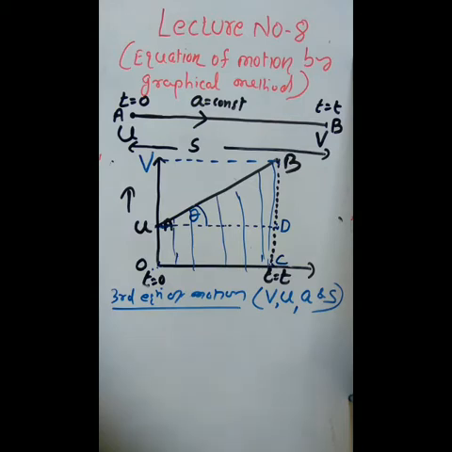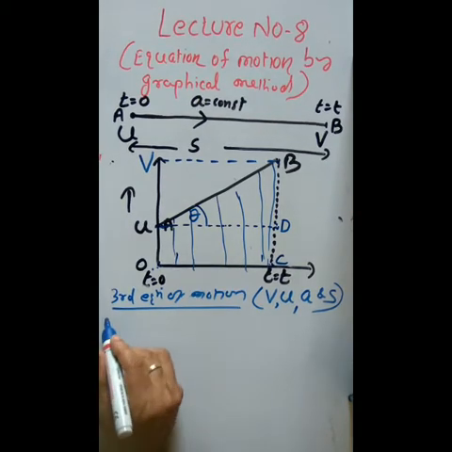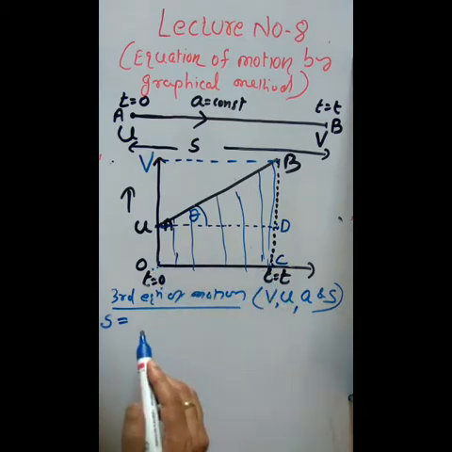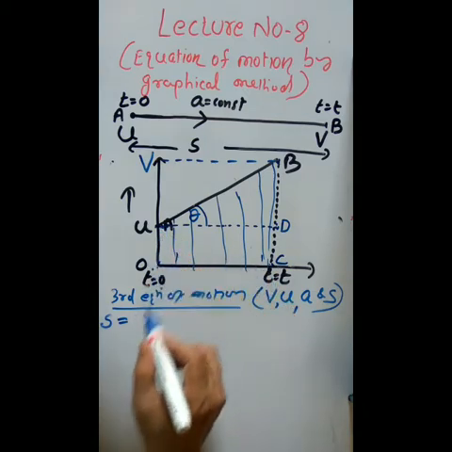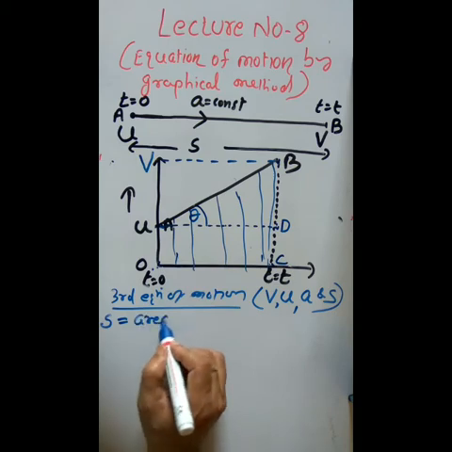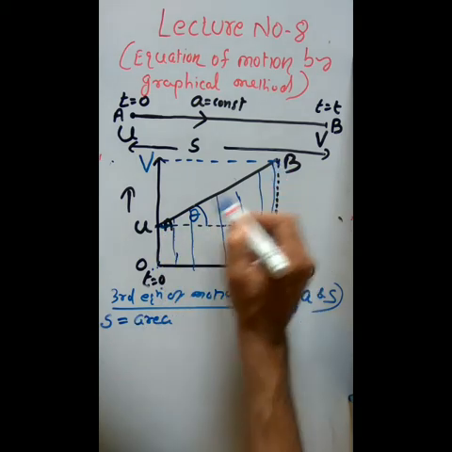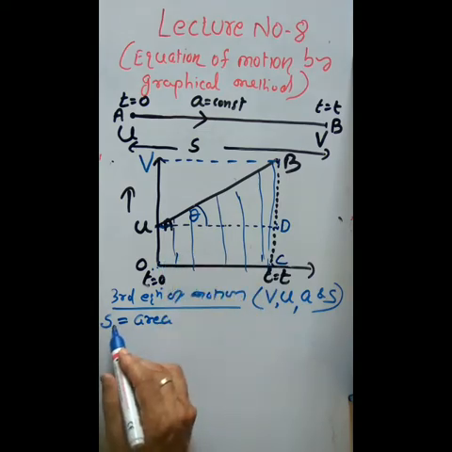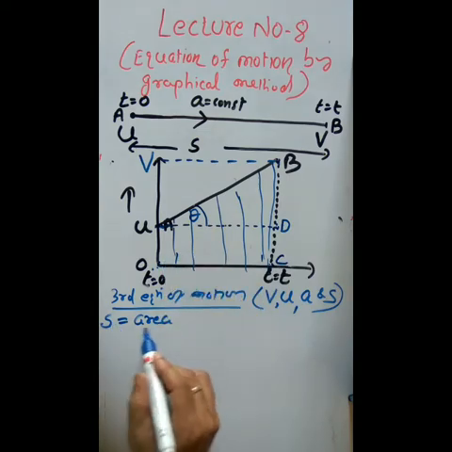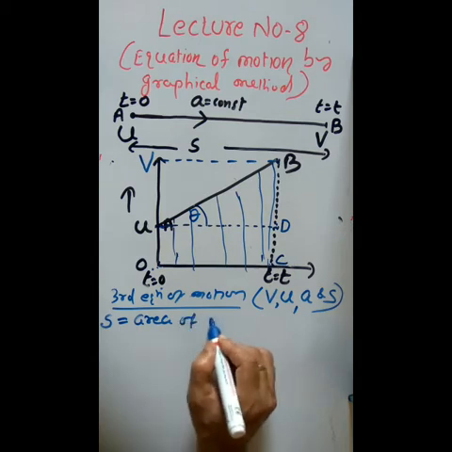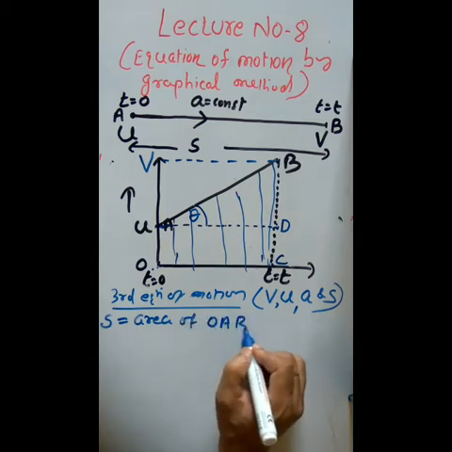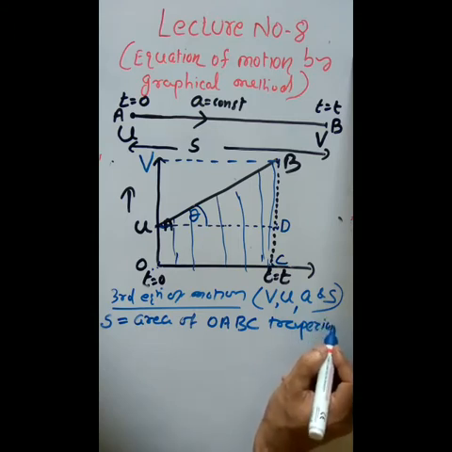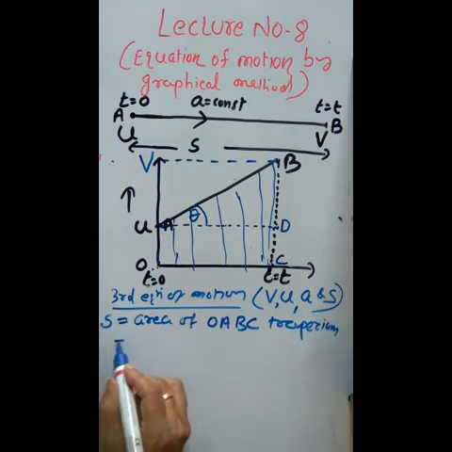Similarly here we will find the distance covered during t time. I have already told that distance covered during t time is nothing but the area below the velocity time graph. So the total distance or displacement covered is equal to the area of the OABC trapezium, which I have already explained.